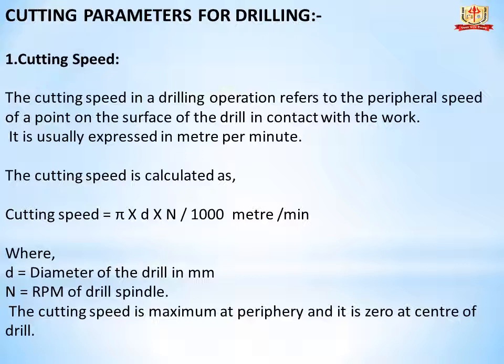The cutting speed is calculated as cutting speed equals pi into d into N divided by 1000, and the unit is meters per minute, where small d is the diameter of the drill in mm and capital N is the RPM of the drill spindle. The cutting speed is maximum at the periphery and it is zero at the center of a drill.